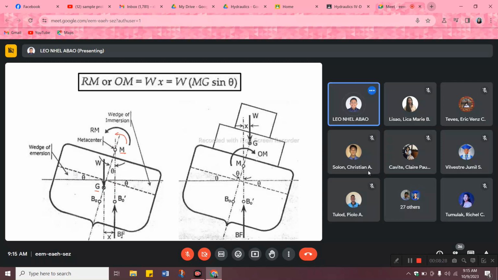However, if M is below G, it creates an overturning moment. Again, why? Because at G is where the weight is. So the higher the weight goes, the lower the metacenter becomes. If you imagine adding more weight, the center of gravity location moves up, and if you add weight up here, it capsizes more.